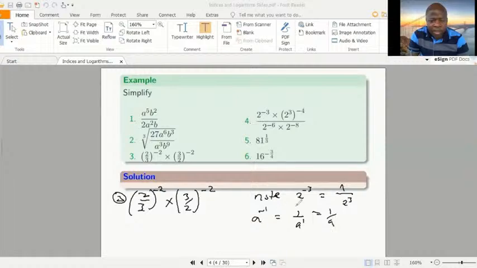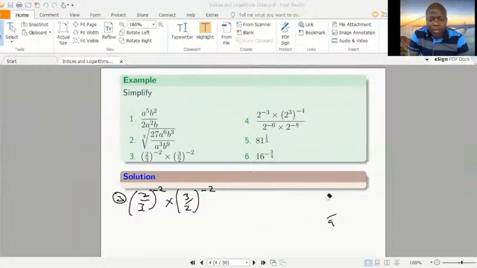So that means that if you have a negative index, we can write it as a positive index by dividing this into 1, and then you change the sign of the index here. So that's what I want to do for this question.